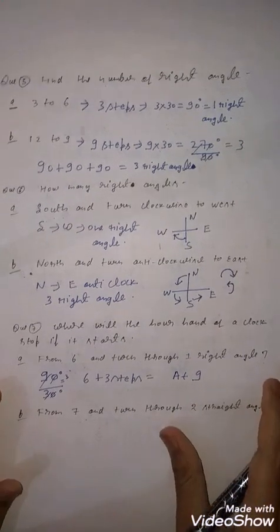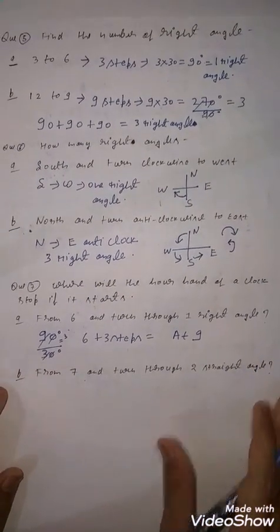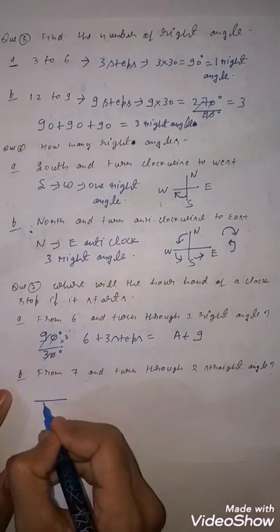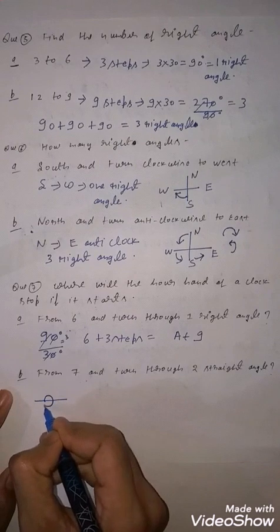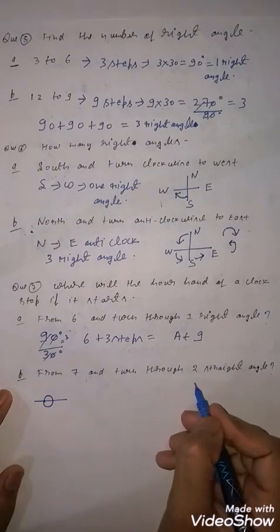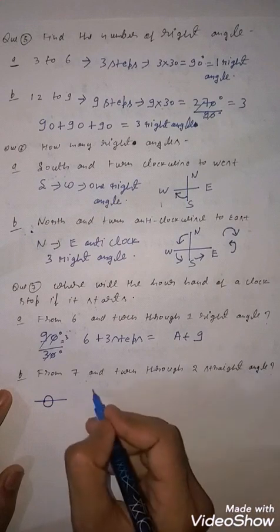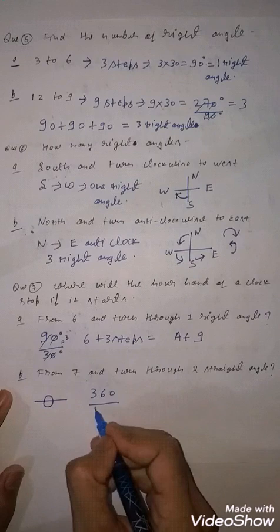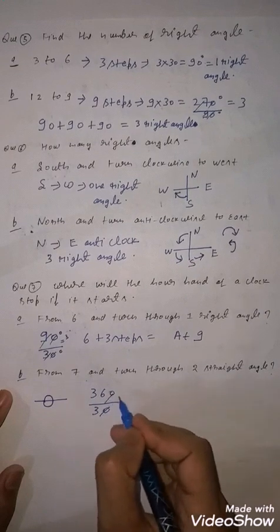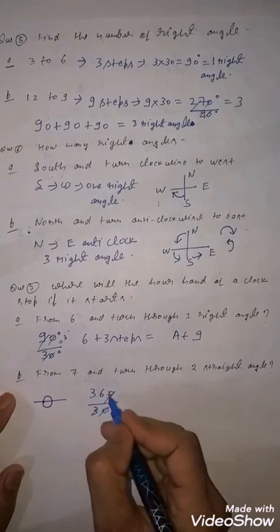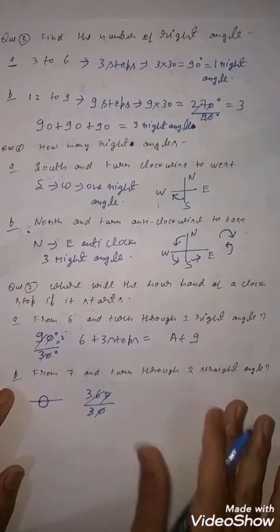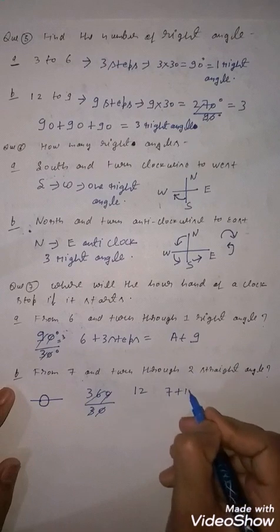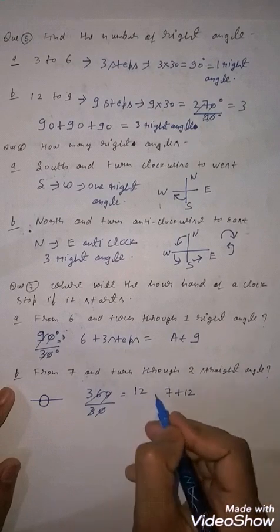Clear? Next is from 7 and turn through 2 straight angles. Now you know that 2 straight angles means 360 degrees. Again you have to find the steps: divide by 30, 0 0 cancel, and this will come to 12 steps, so 7 plus 12 steps.